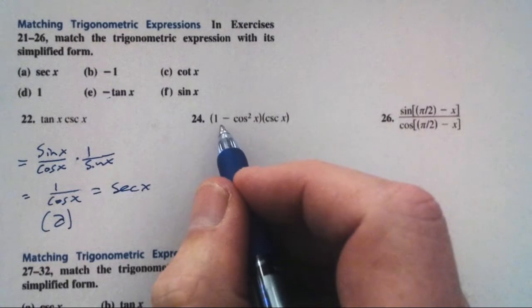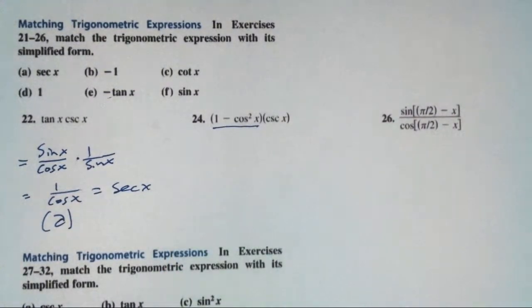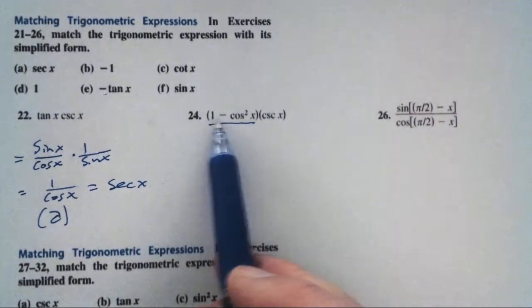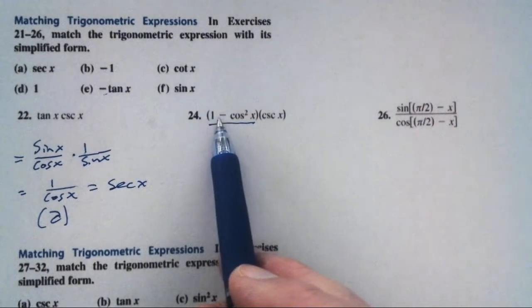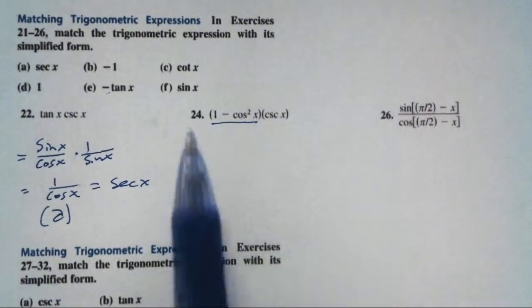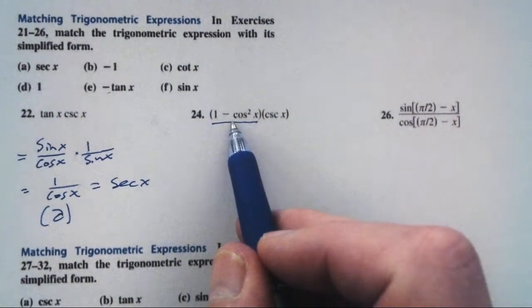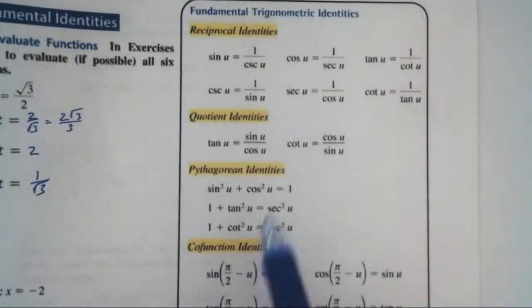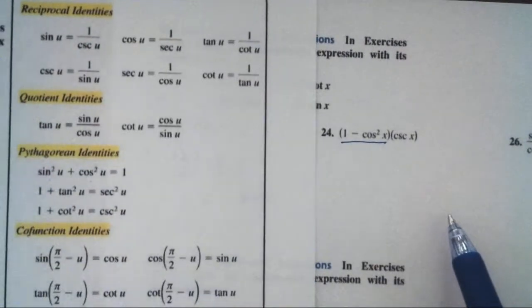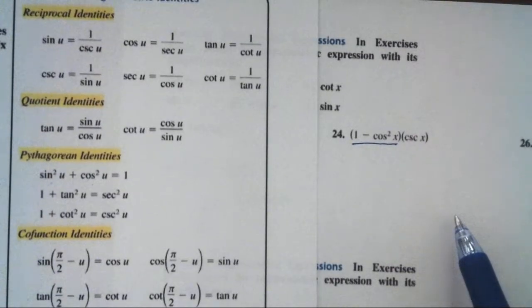Okay, another trick. Anytime we have a trig function squared, I'm going to consider its Pythagorean. And if I have it plus or minus 1 or something along that line, then I'm definitely going to be considering Pythagorean. So let's take a look at our 1 minus cosine squared. Is it easy to manipulate or convenient?